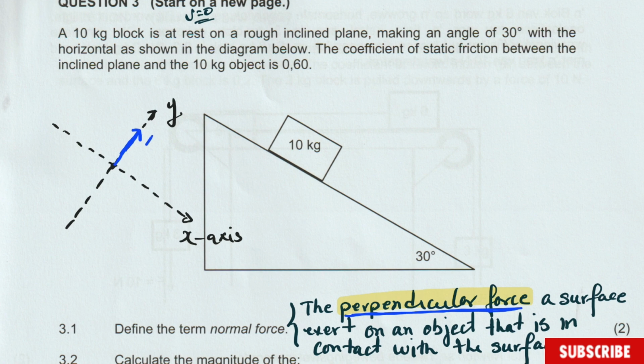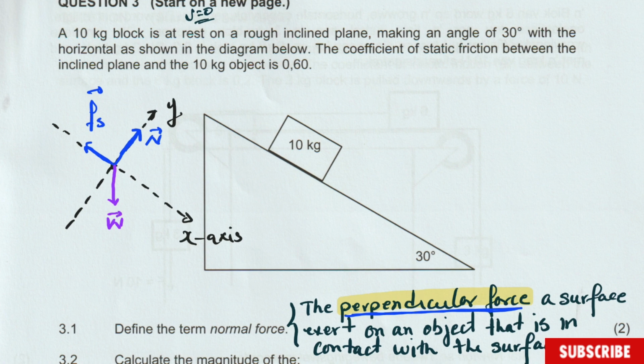So this one here is the normal force. What other forces are acting there? There is frictional force. In this case, it's going to be the static frictional force, because the object is not moving. And finally, we have the weight or gravitational force, which is going to be pointing straight down towards the center of the earth.